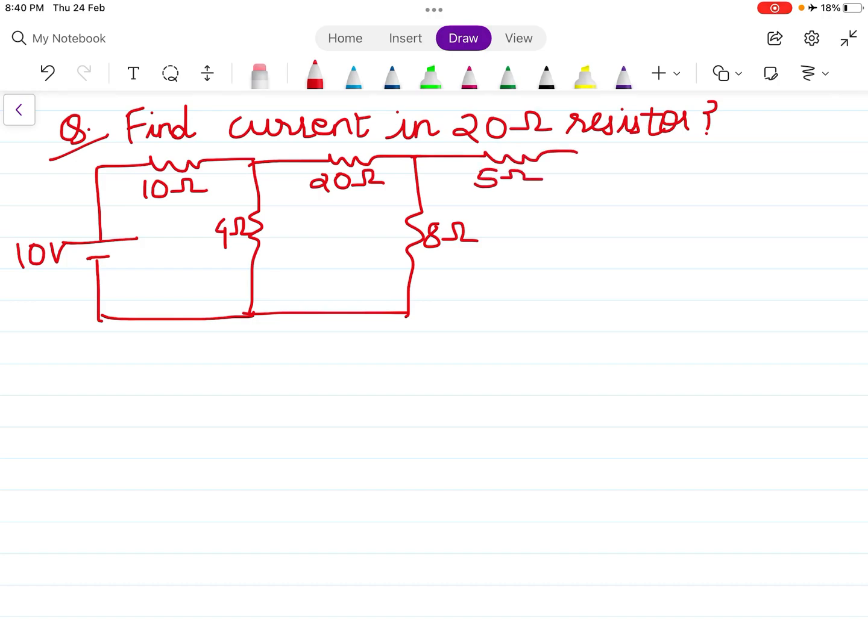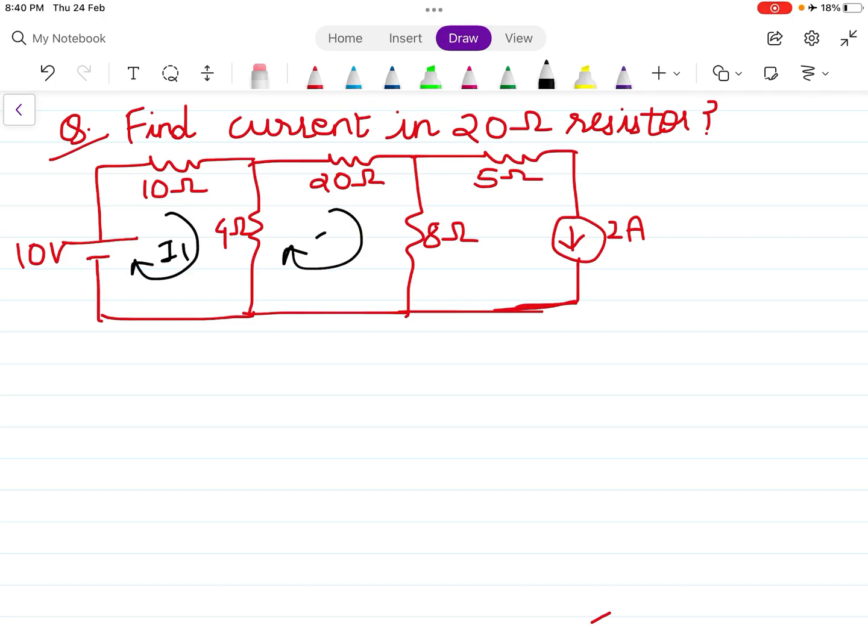This is 5 ohms. And this is 2 amperes. So first is the direction of current: I1, I2 and I3. I3 is going downwards, 2 ampere is going downwards. So I3 is 2 amperes.